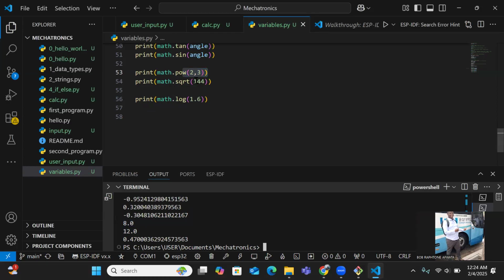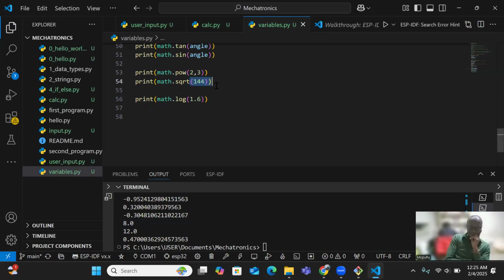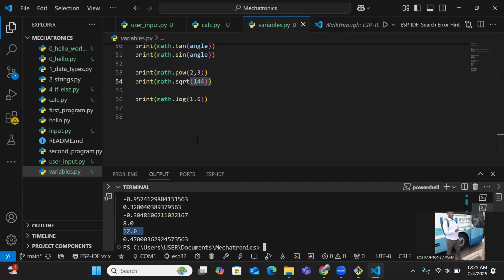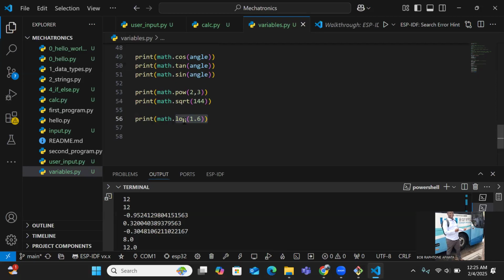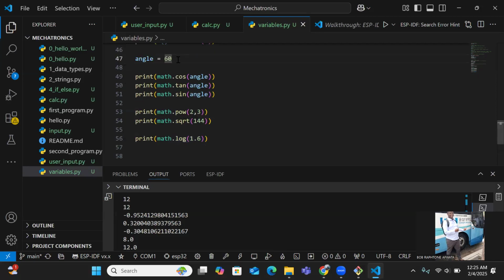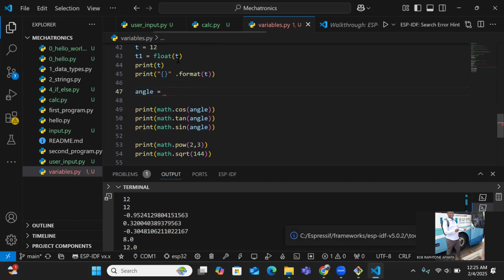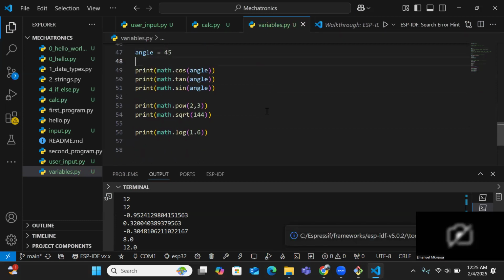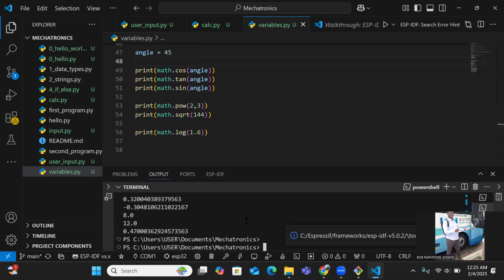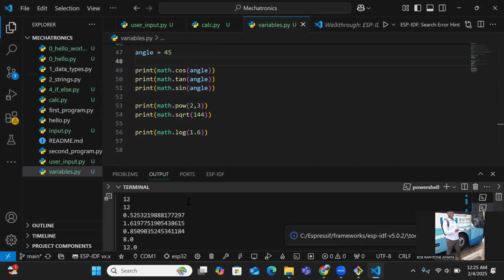Square root of 144 is 12. And then the logarithm is that. Normally, the sine and the cosine of 45 is 0.5, something like that.